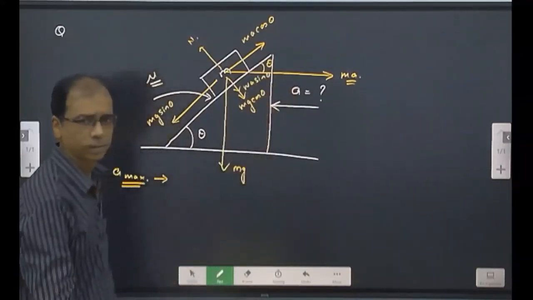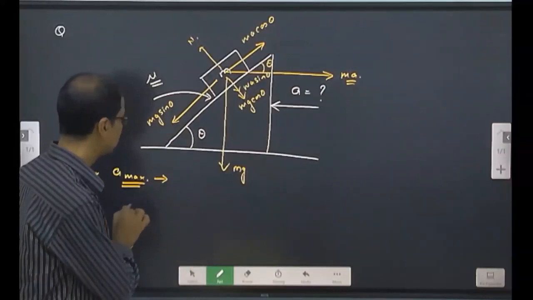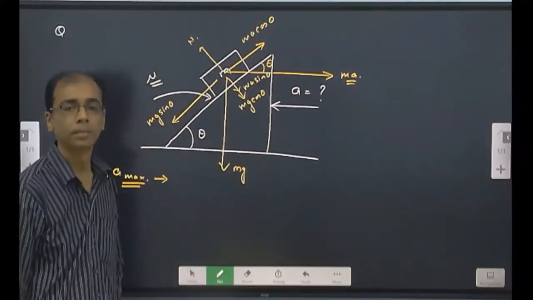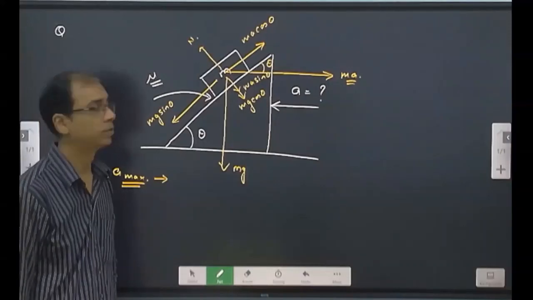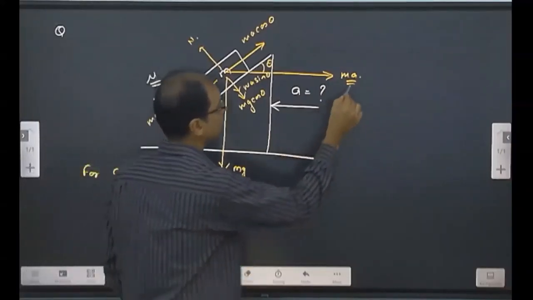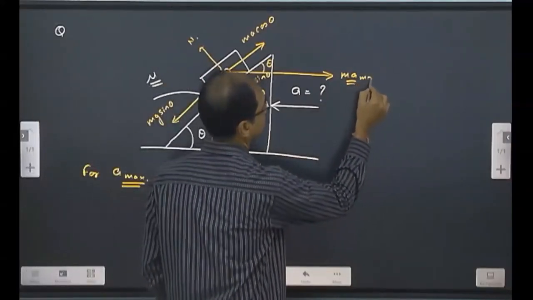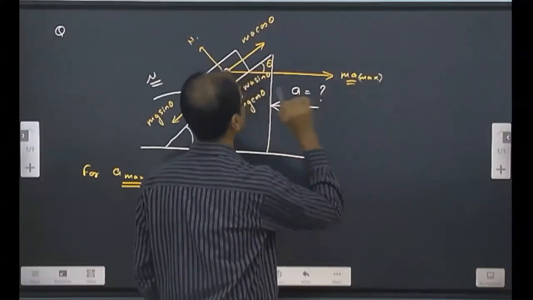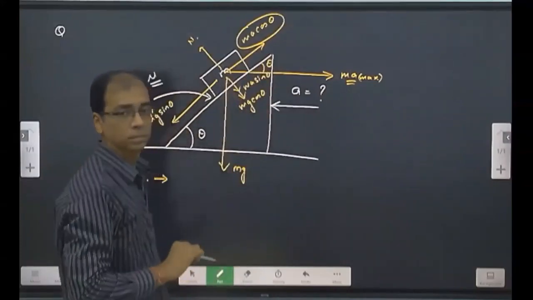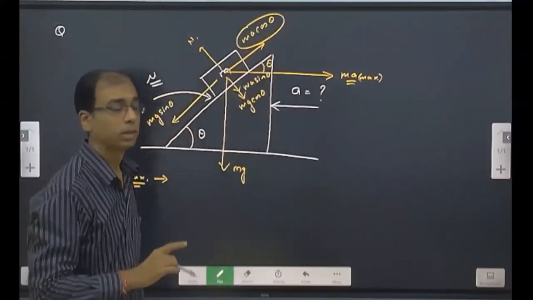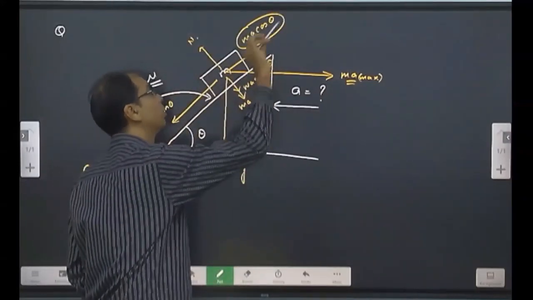So far, very good. Now, suppose this is maximum acceleration, that means the pseudo force value is maximum. That means this is ma max. If this is maximum, this also will be maximum. And if this is maximum, this force will try to take the block upwards.